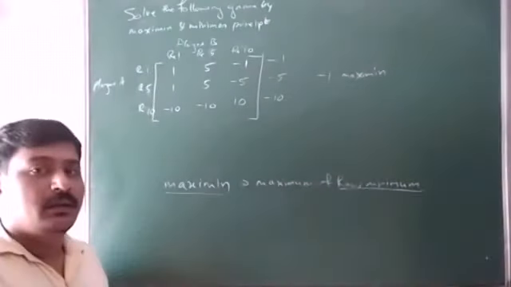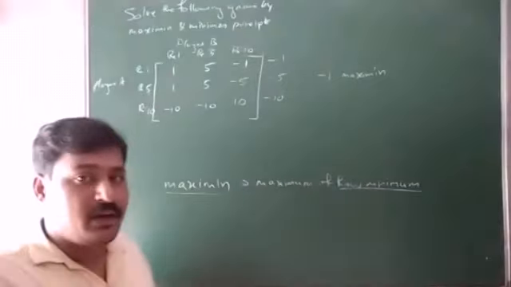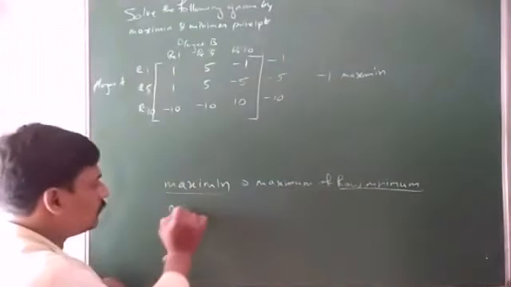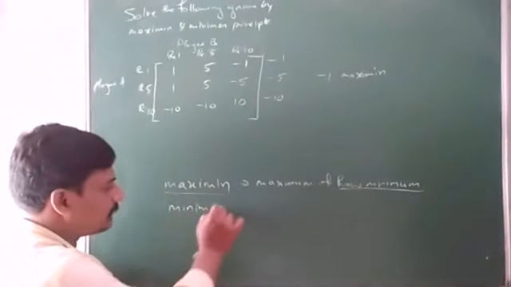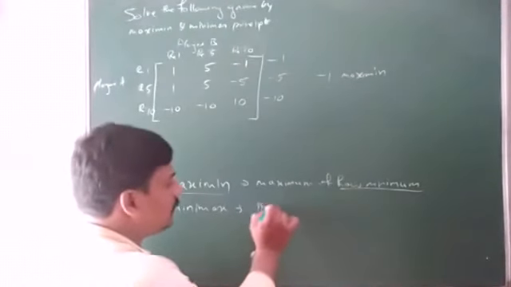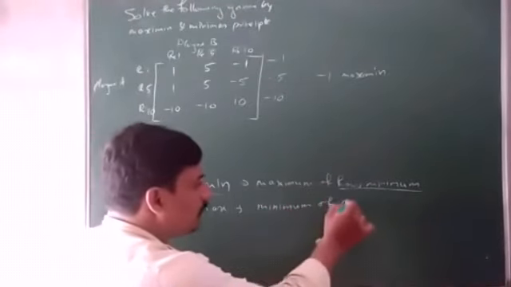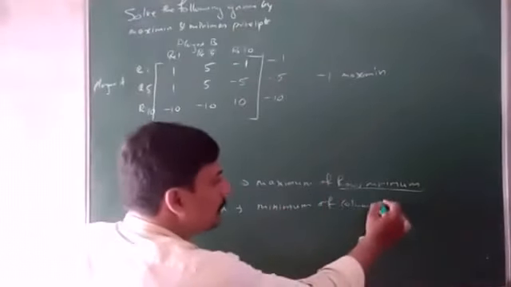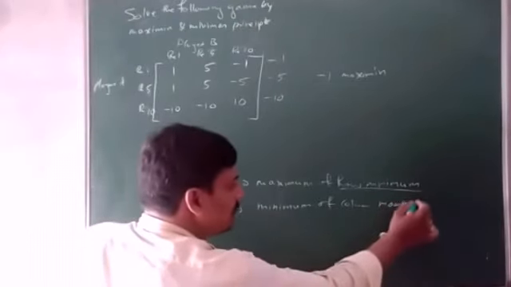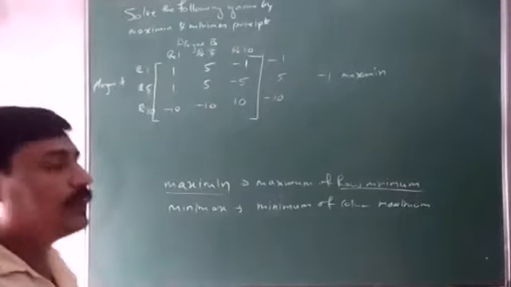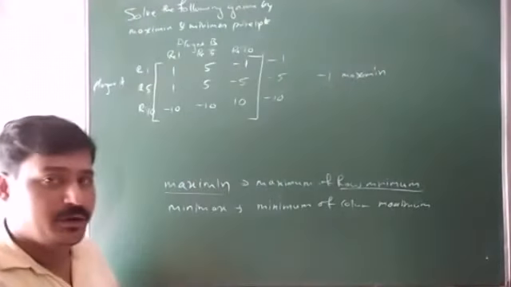Now next we have to identify Minimax. What is minimax? This is minimum of column maximum. That means from each column we have to get the maximum value first.